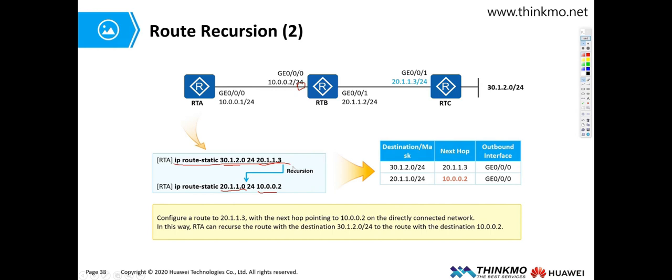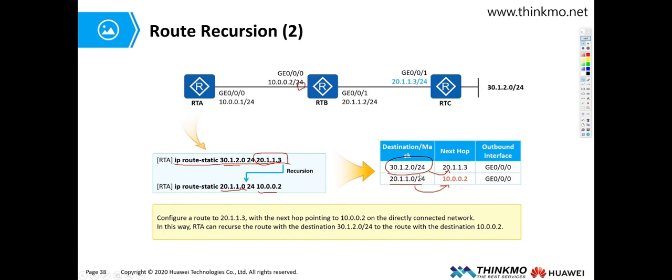It will first check, am I familiar with this next hop? It sees that I just wrote such a static route. It says if I want to find 20.1.1.0, I need to look for 10.0.0.2. Now, in this context, if I want to find 30.1.2.0, I first look for 20.1.1.3 and then I check. To find 20.1.1.3, who do I need to find?